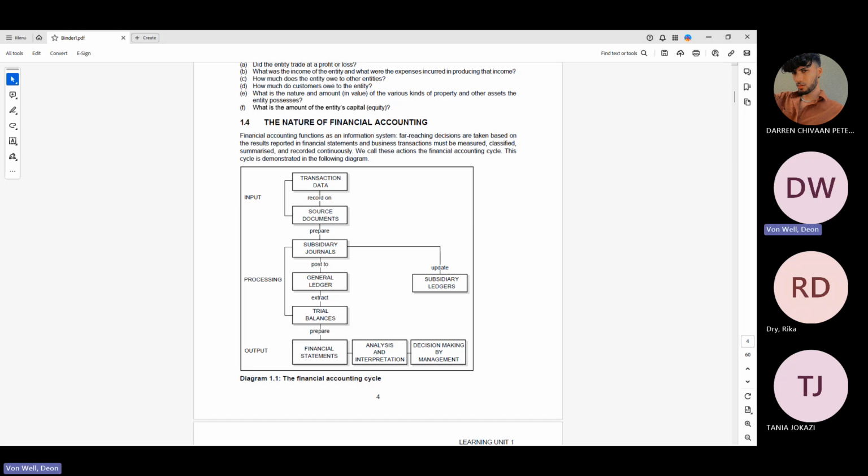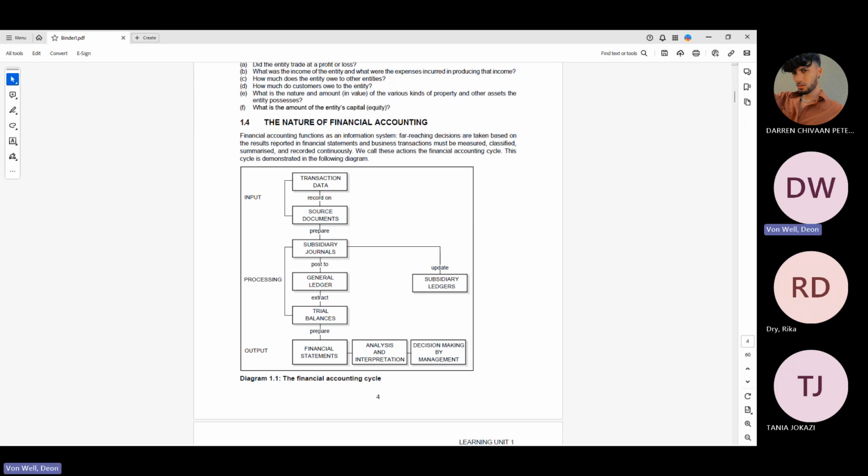So remember, it's the full picture at the end, and my trial balance must balance. Then I know that all my entries I've done in my journals are correct. And then my output is basically my financial statement.